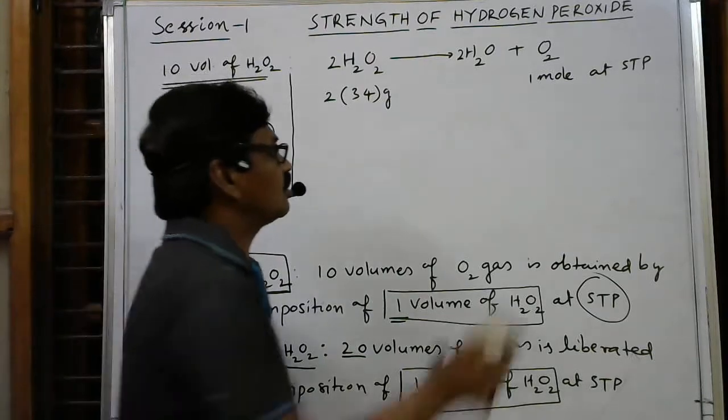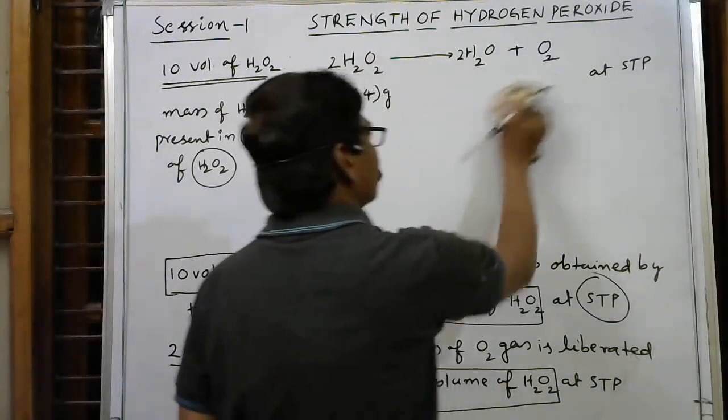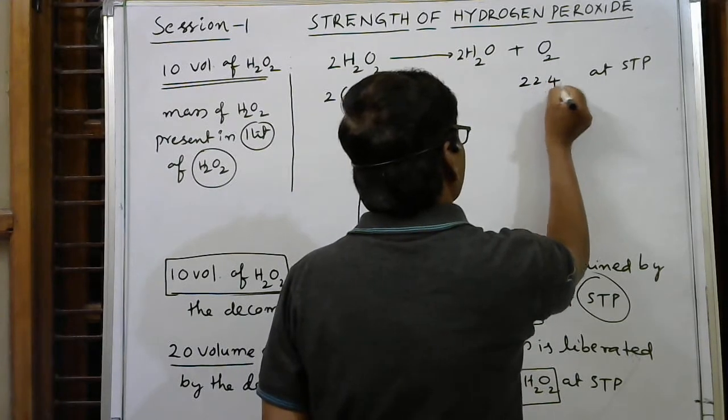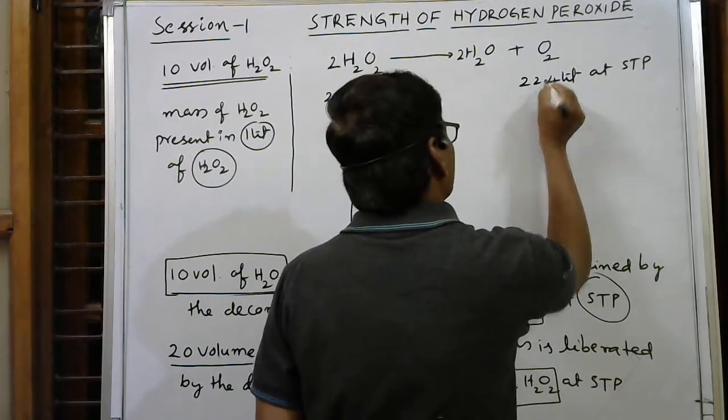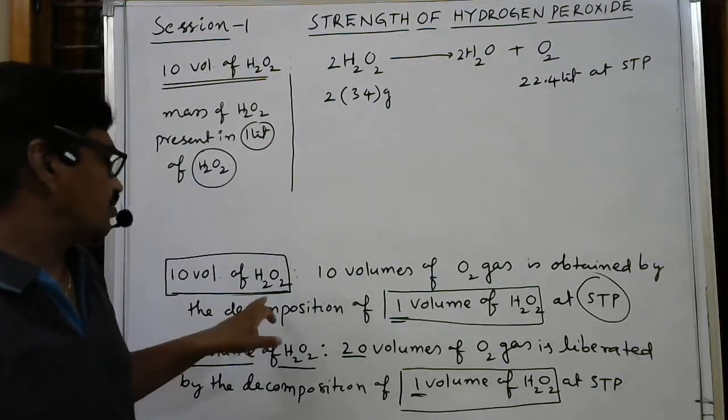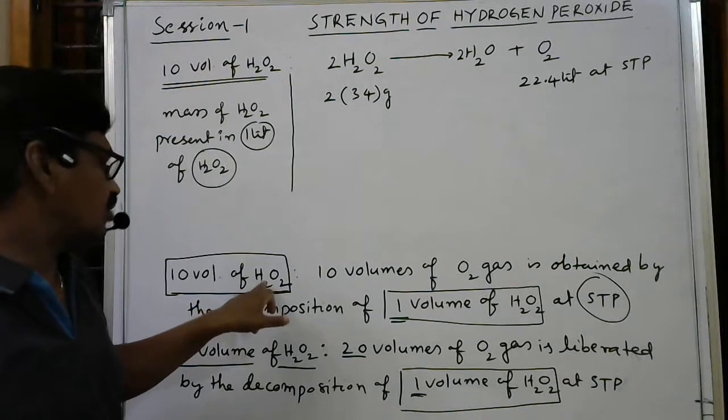So instead of 1 mole, I am writing the volume, that is 22.4 liters at STP. Right. Then check once what is 10 volumes of hydrogen peroxide.